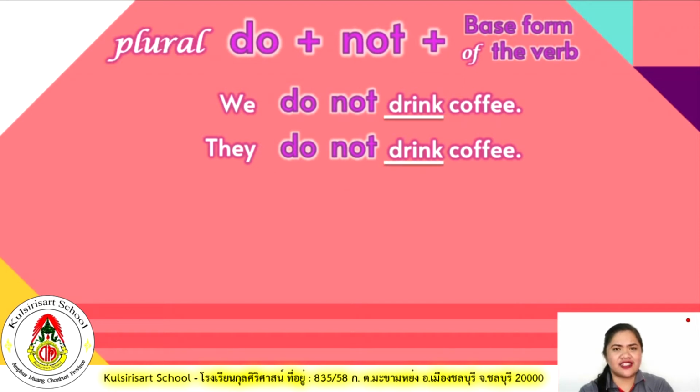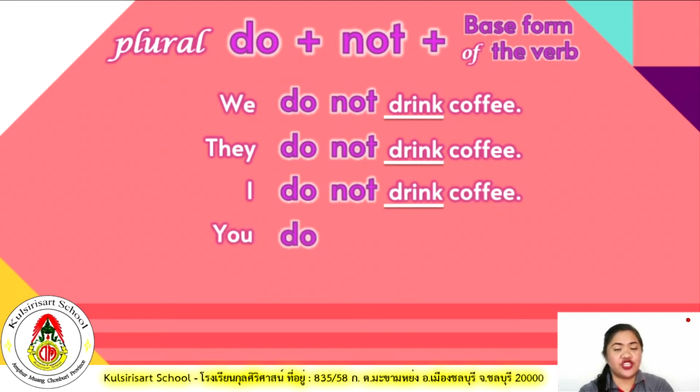But class, this is an exemption. I put the I and the you here because I and you are the exemption. Because I means singular, right? The speaker is talking about him or herself. But it follows the rule of plural.